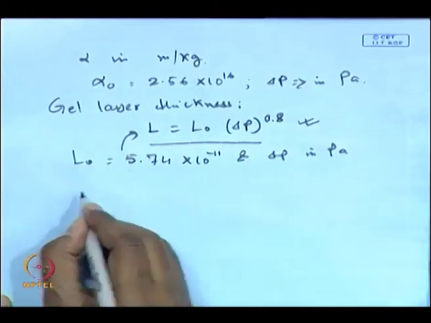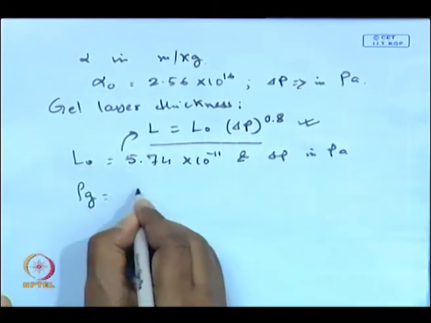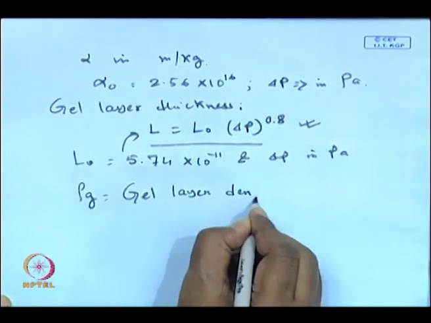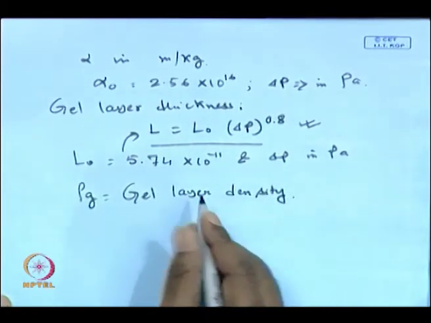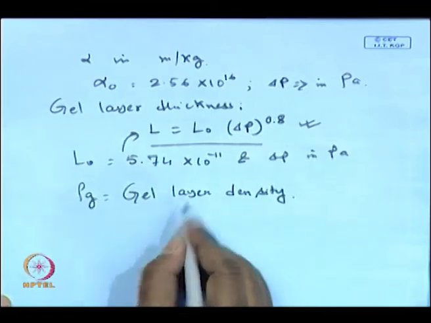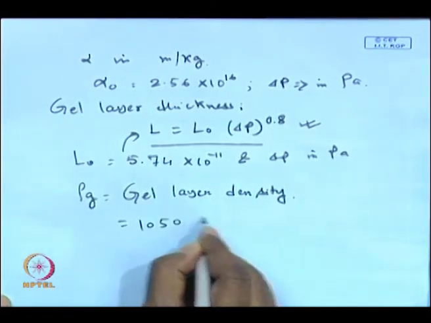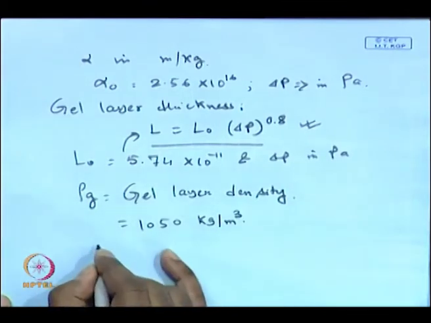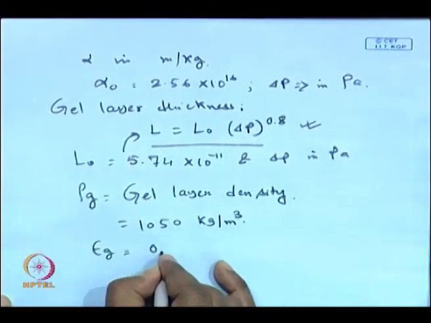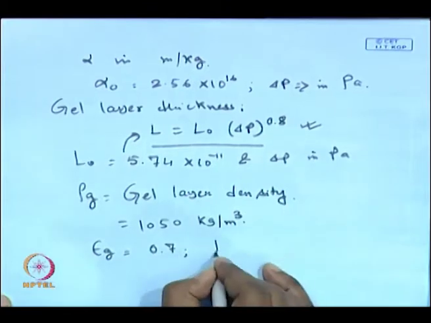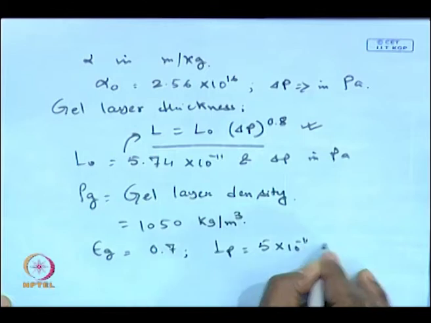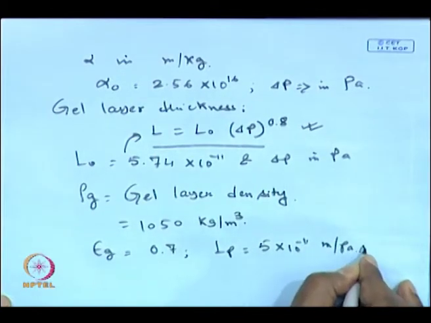The gel layer density is given as 1050 kg per meter cube, the gel layer porosity is given as 0.7, and the membrane permeability is given as 5 into 10 to the power minus 11 meter per Pascal second.